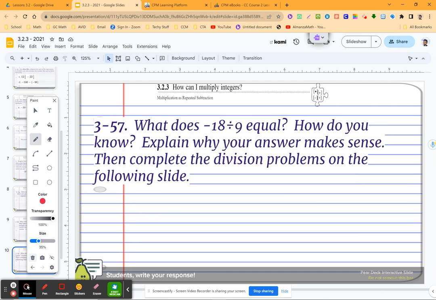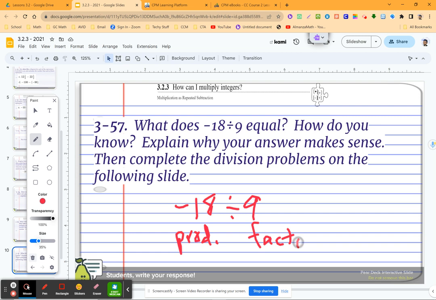Okay, so the next question is asking, what does -18 divided by 9 equal, and how do you know? So how does your answer make sense? Now, if you remember anything about division, you have a number divided by another number. This first number is basically the product of 9 and something else.